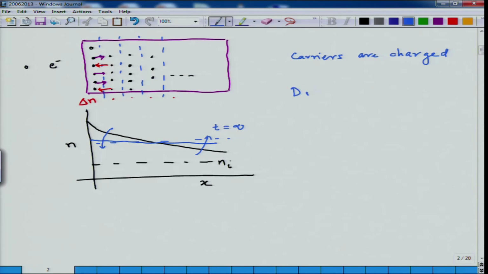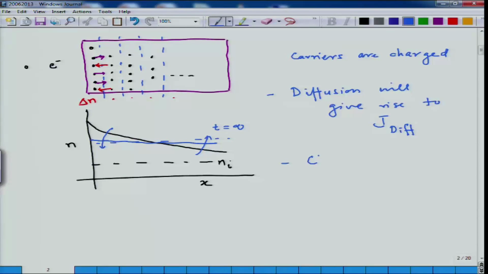So, diffusion of carriers, because they are charged, will give rise to a diffusion current. And this will be of two kinds, one due to electrons and the other due to holes. And by the same token, whenever such a diffusion is taking place, you are going to have a charge accumulation in the material, and that will lead to some sort of a built-in field in the material that will oppose this diffusion process. So, the two go hand in hand.